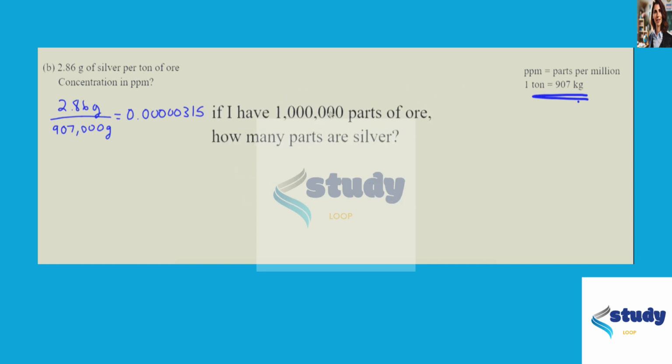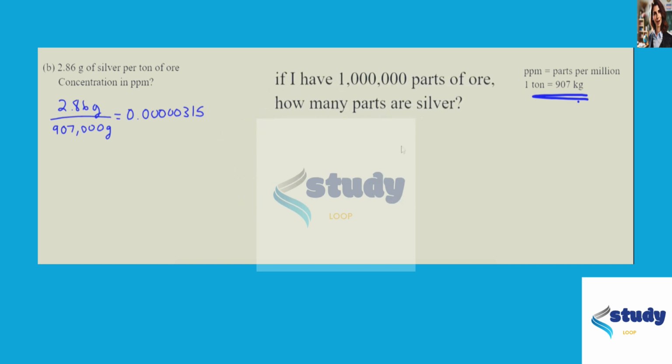So what I'm going to do is take this fraction, 0.00000315, so again, this is the fraction.